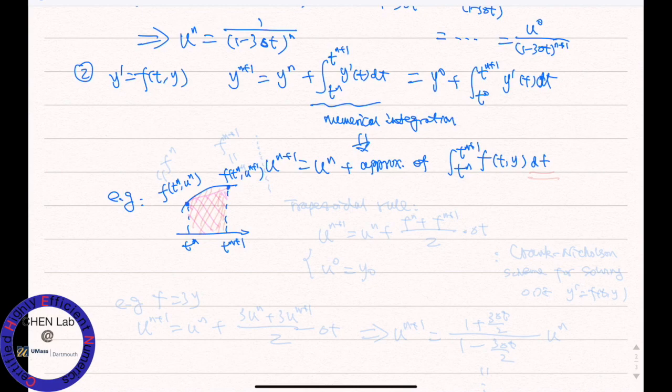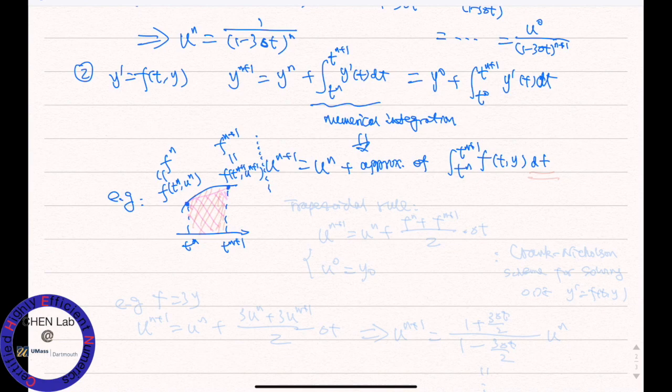Approximately, y is u. Is the second one f at t_{n+1}? That's right, thank you. So in the future, we're going to put a superscript for f as well. So this is called f^n, that's called f^{n+1}.